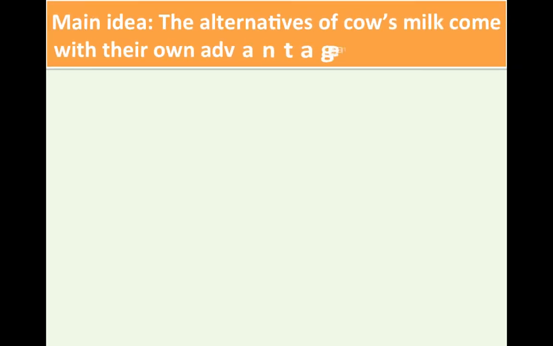Then the alternatives to cow's milk come with their own advantages and disadvantages. So if we stop drinking milk, we can have other choices to replace milk that also give us the same nutrition.